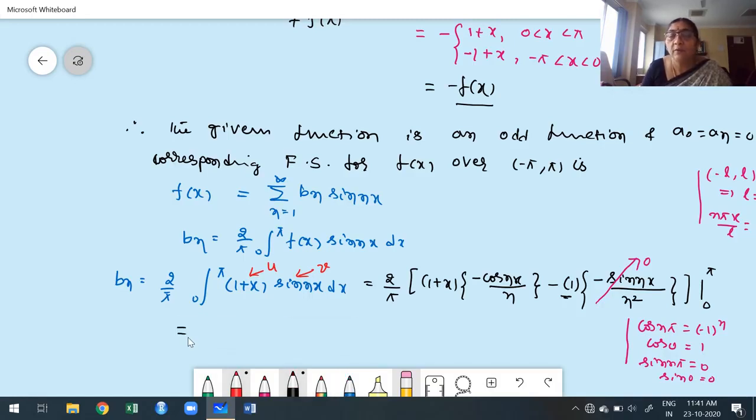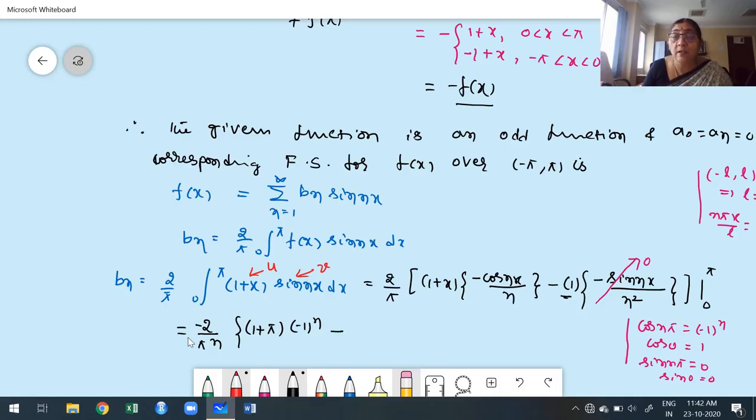Which one? First term 2 by pi into n is a constant. Apply the upper limit. What is the upper limit? 1 plus pi. I have to keep the minus sign outside because we have a negative sign here. Minus 2 by pi n, n is constant, keep it outside. 1 plus pi into cos n pi, which is minus 1 to the power of n, minus cos 0. What is cos 0?